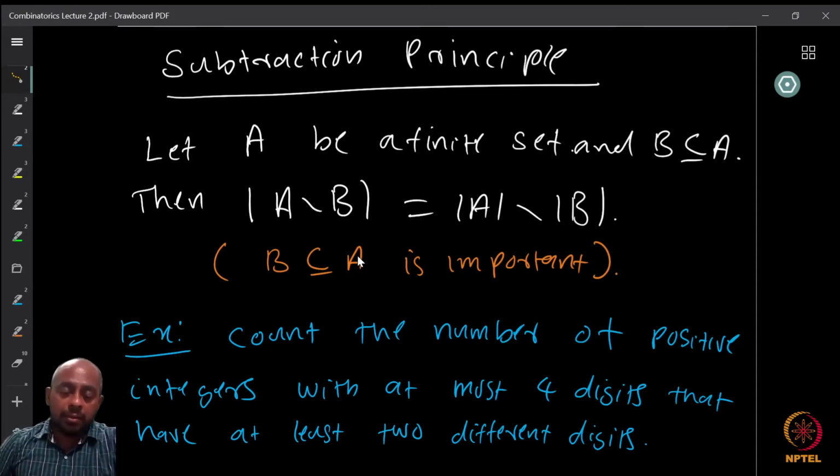So how do we use the subtraction principle? What are we given? We are given the set of positive integers with at most 4 digits, with some extra properties. So we can consider our big set as the set of all positive integers with at most 4 digits.